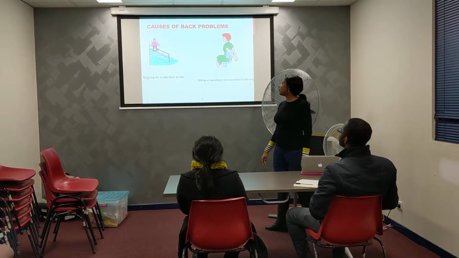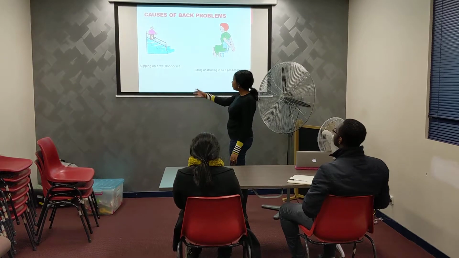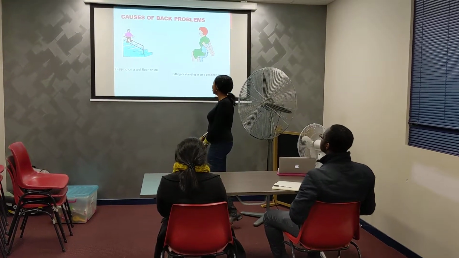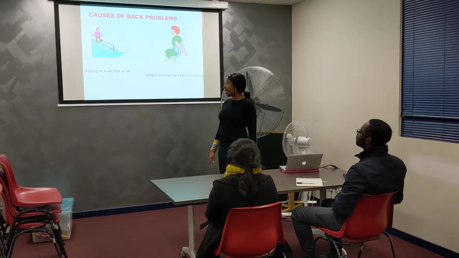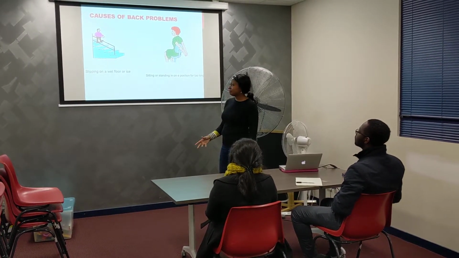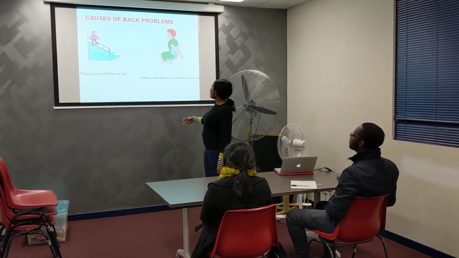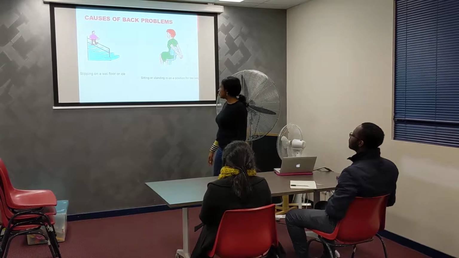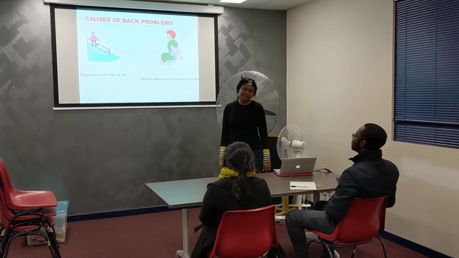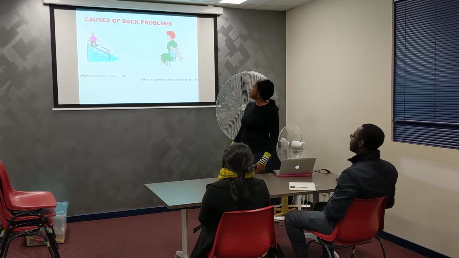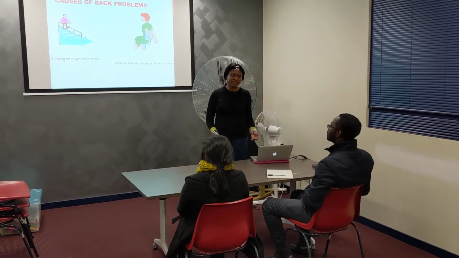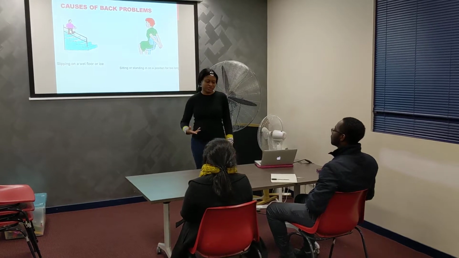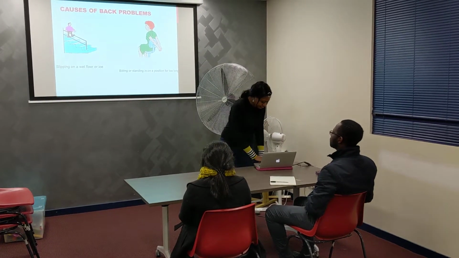Other causes: slipping on a wet floor. It's raining a lot right now, so we need to be careful not to slip and fall and hurt our back, or on ice, if there's ice around. Sitting or standing in one position for too long. For those of us who work in the office, when you have to sit for so long, give yourself breaks, stand up, and move around to avoid back problems.